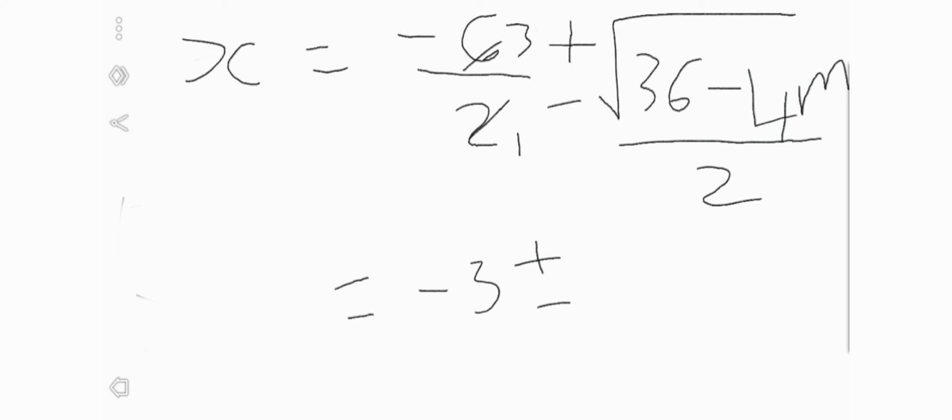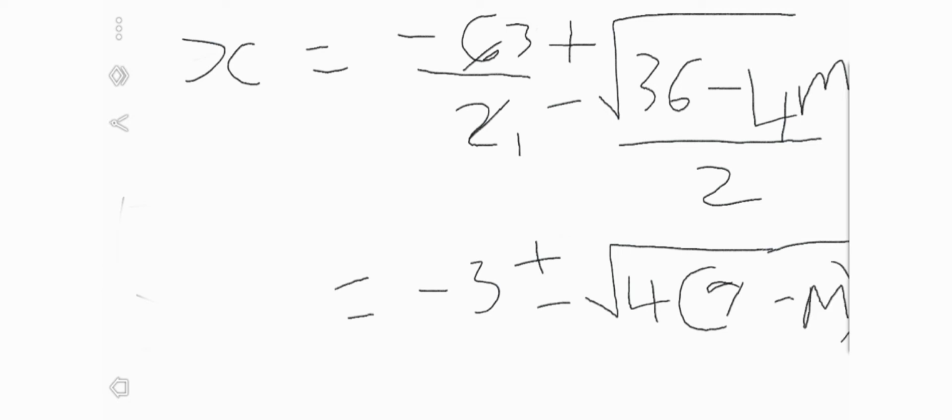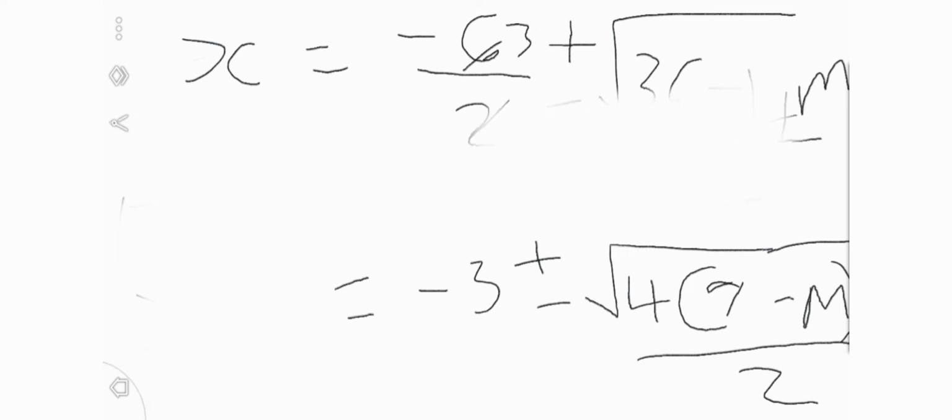looking at this point now, we can find that 4 is common to both terms. So if I factor out 4, 36 divided by 4 gives me 9, minus 4 divided by 4 gives me 1, so I'm left with m there, divided by 2. And the root of 4 is what? Sorry, my board is very small.